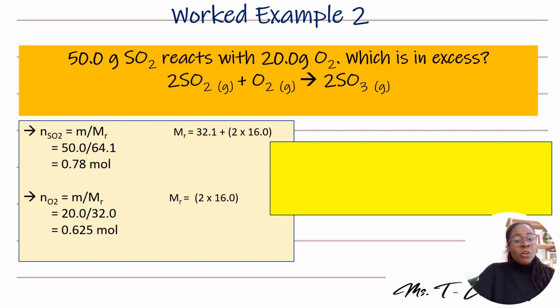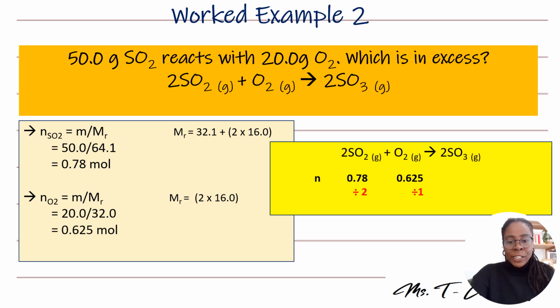Now here, it's not a 1-to-1 ratio, it's actually a 2-to-1 ratio, so it's not quite as simple as the last example, where we just compare which number is the biggest. Instead, first, we need to divide the number of moles for each species by its coefficient. So for SO2, we'll do 0.78 divided by 2, as that's its coefficient in the balanced symbol equation.